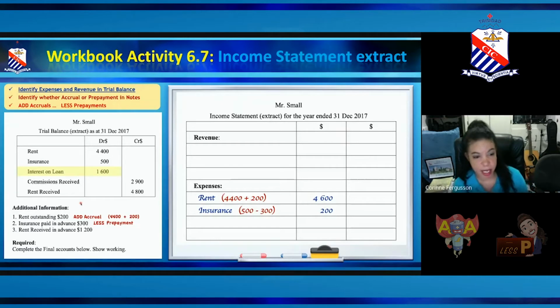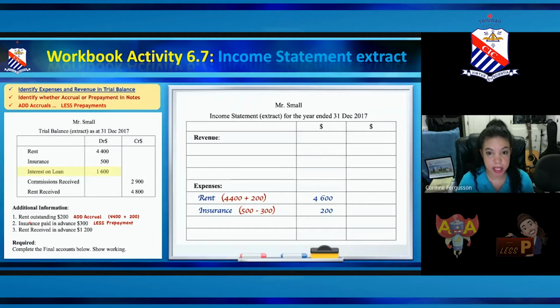So the next one is interest on loan. So I'm in my trial balance, interest on loan. What's the next step? You go to your notes and you look for anything related to interest on loan. So we go down here, and do you see anything related to interest on loan? No. So what do you do in that case? Don't ignore it, because interest on loan is an expense. All expenses go into the income statement.